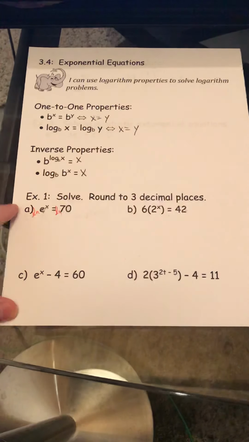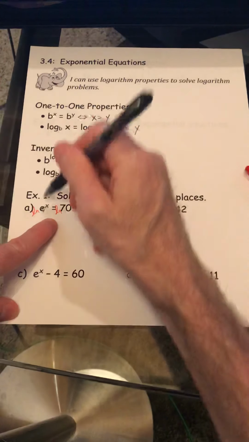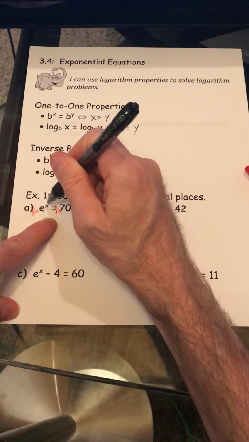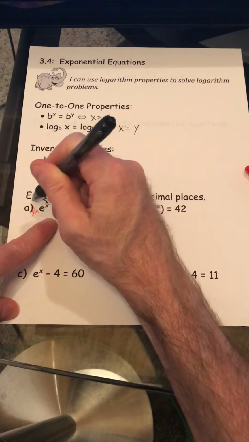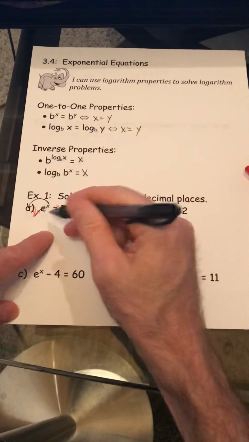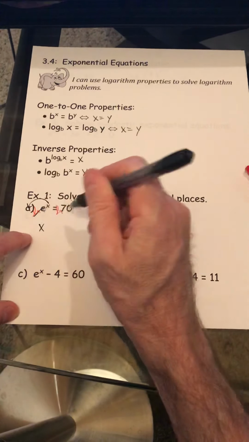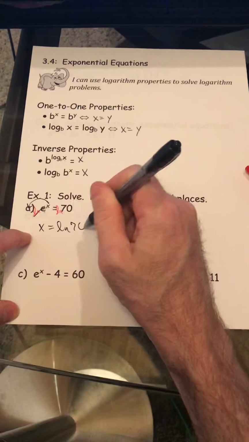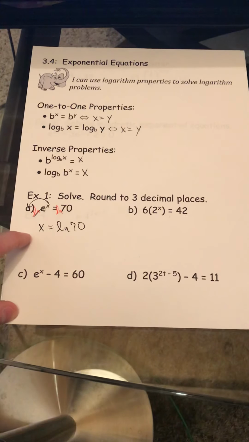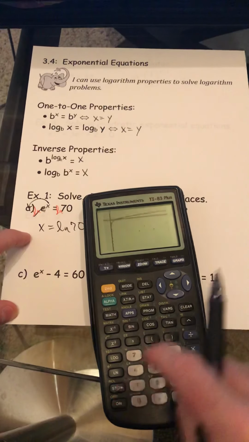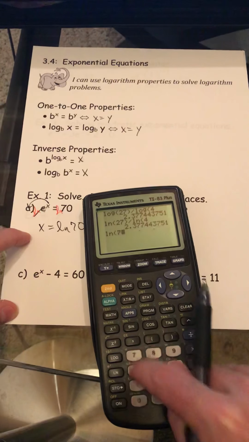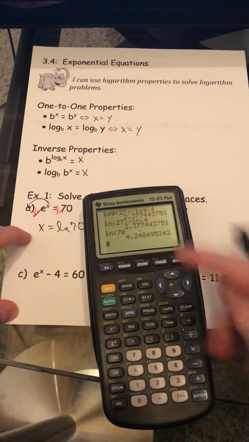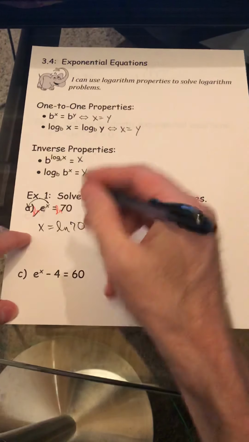So we take the natural log of each side. We can then move the exponent out to the front, and natural log and e cancel. So x equals the natural log of 70, which is 4.248.